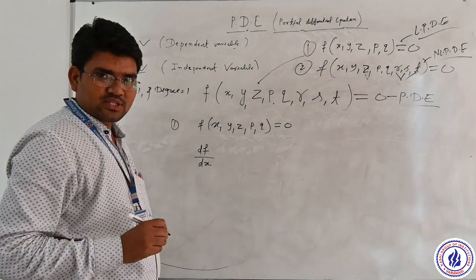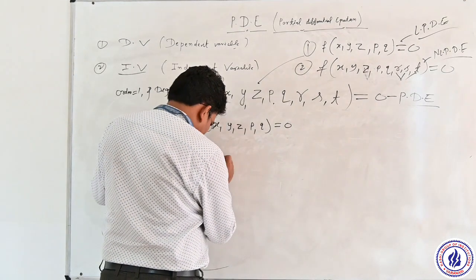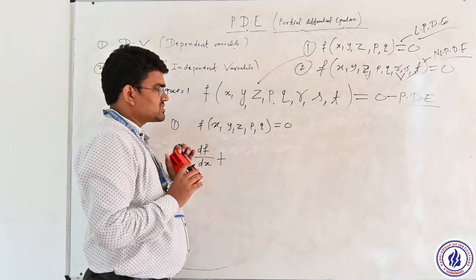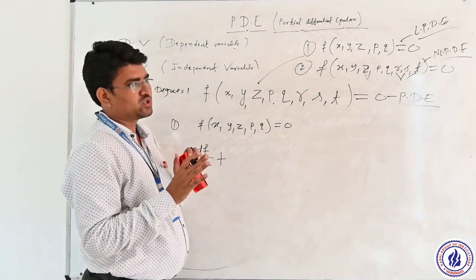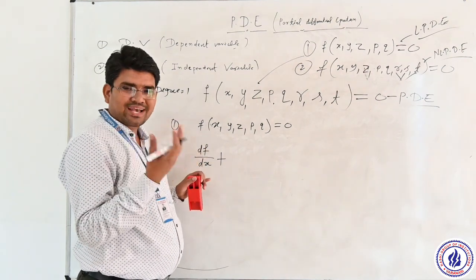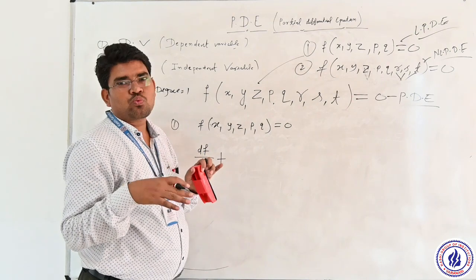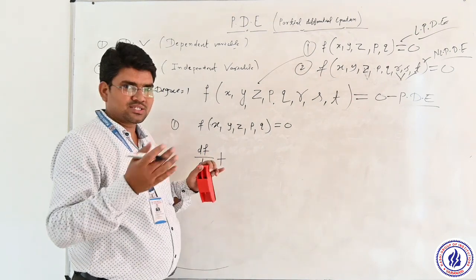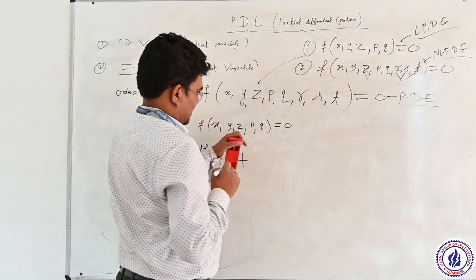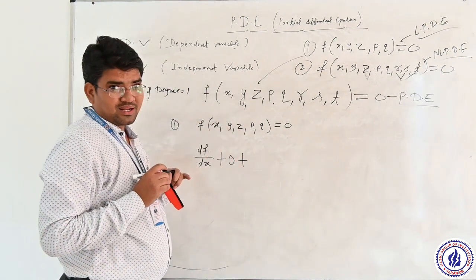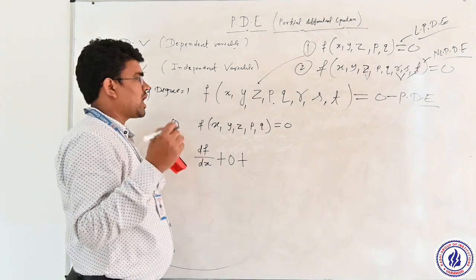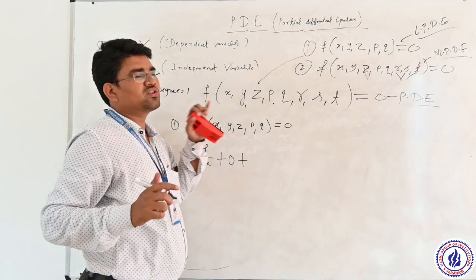Our differentiation goes with respect to the independent variable, and while the operation goes with respect to x, you treat y as a constant, as I said before. So this is 0, and now here, z is the dependent variable, so its differentiation with respect to x is possible, treating z as a function of x.